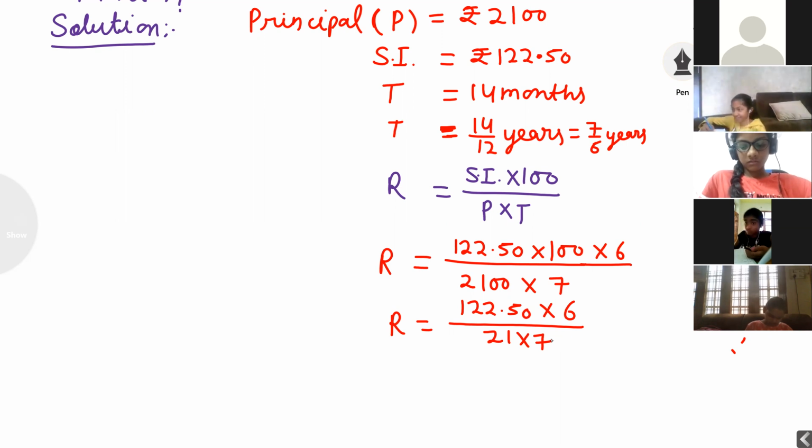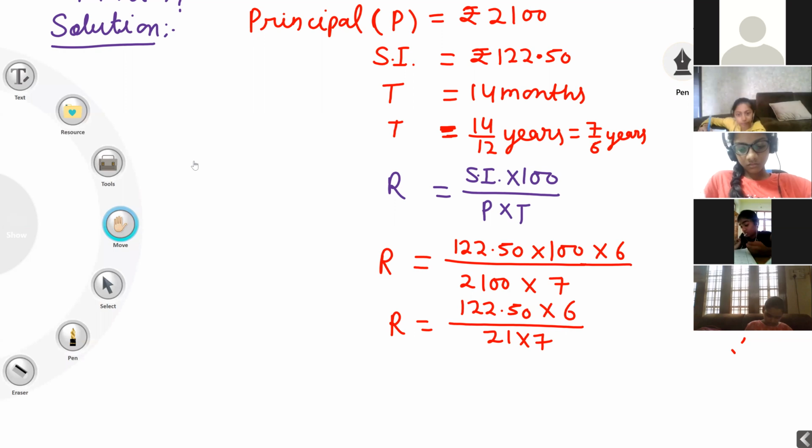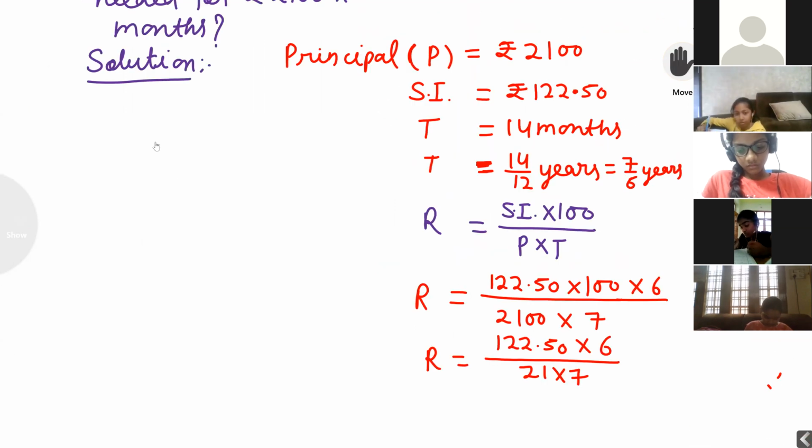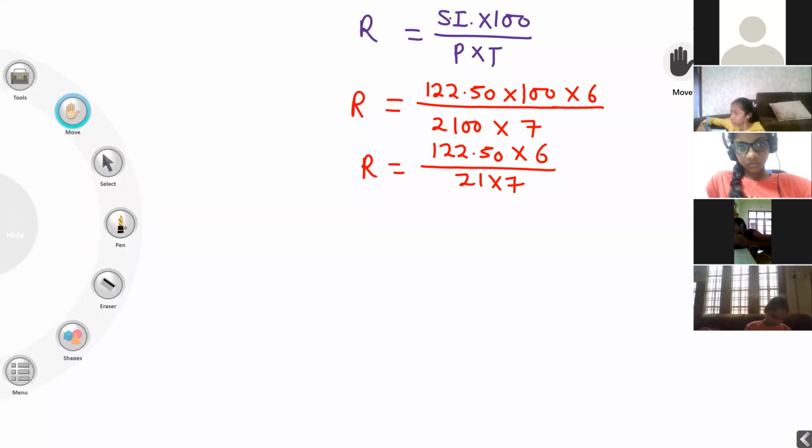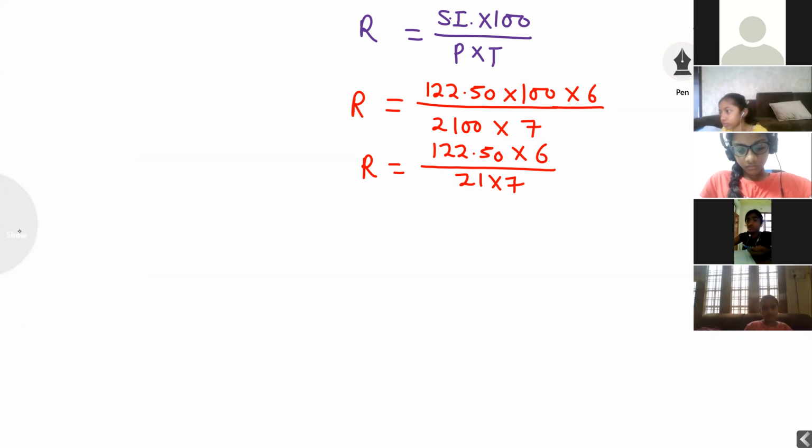Again, we want to do more simplification. 3 2s are 6, 3 7s are 21.